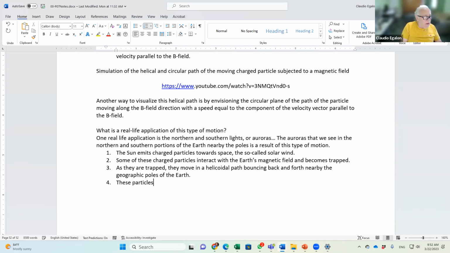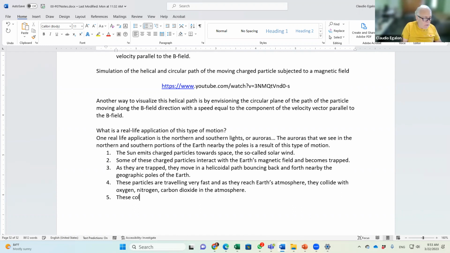These particles are traveling very fast, and as they reach Earth's atmosphere, they collide with oxygen, nitrogen, and even CO2, carbon dioxide, even though it's a very small quantity in the atmosphere.